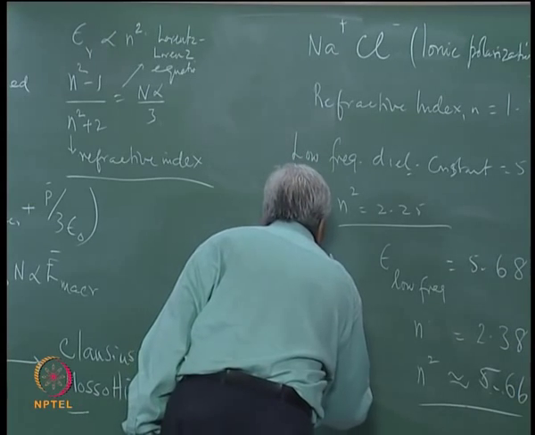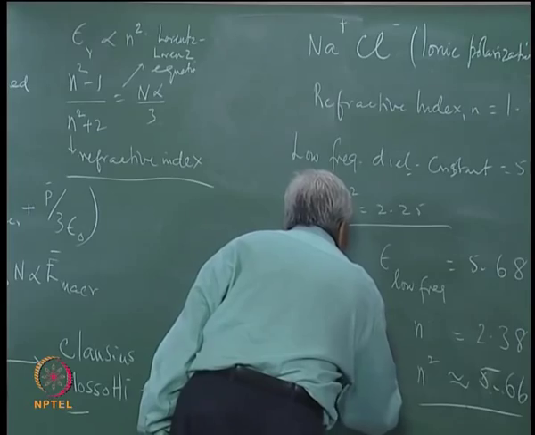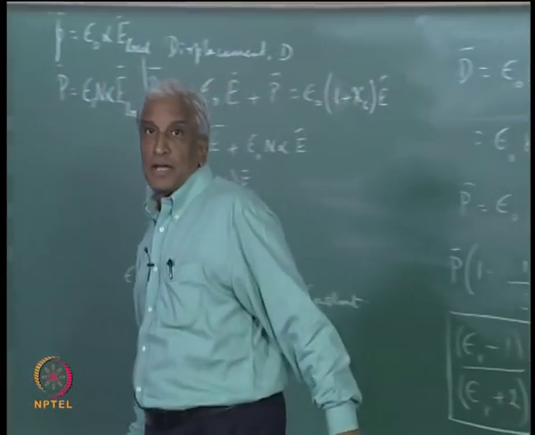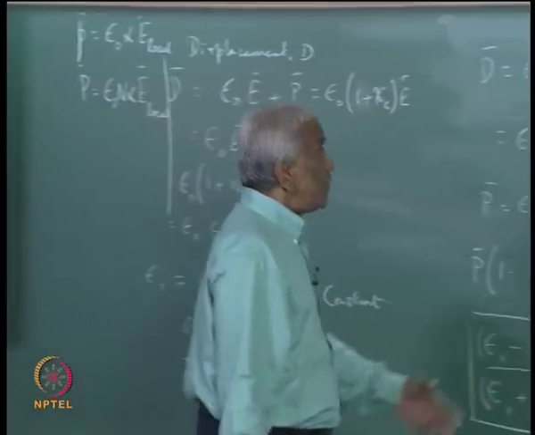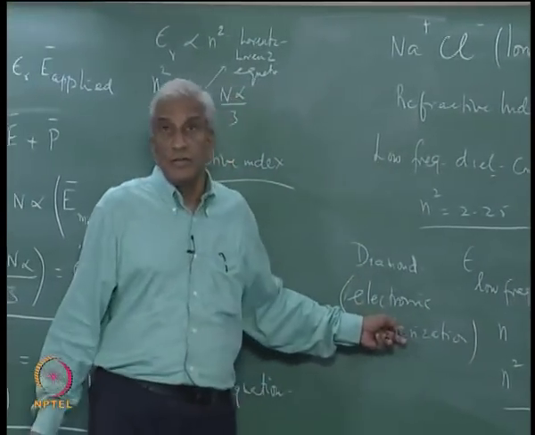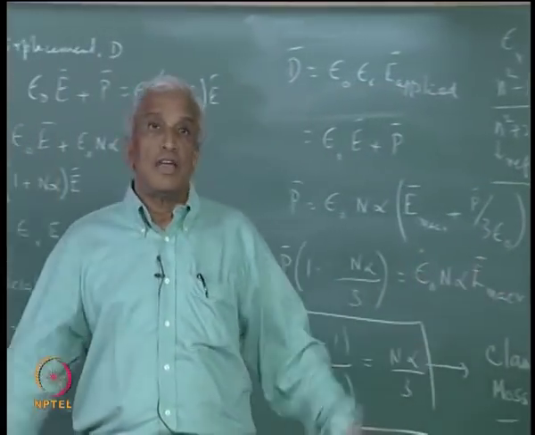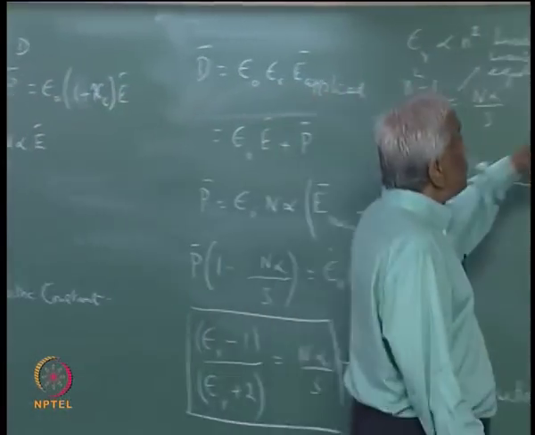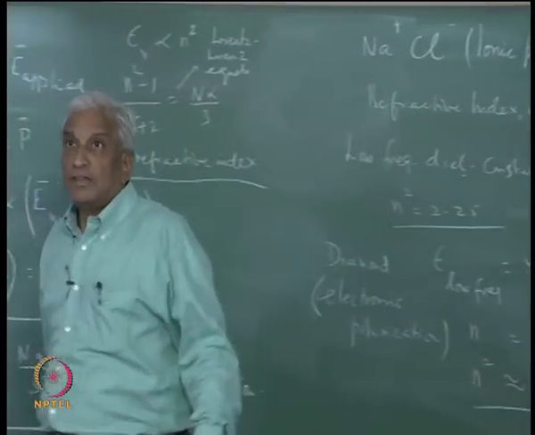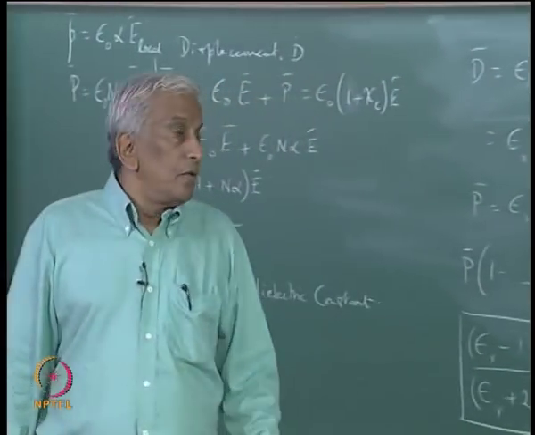We saw already how the electrons start to give rise to a net dipole moment. That is the electronic polarization mechanism. So, we have two different polarization mechanisms, one due to the displacement of the electronic cloud, and the other due to the displacement of the positive and negative ions as in alkali halides.